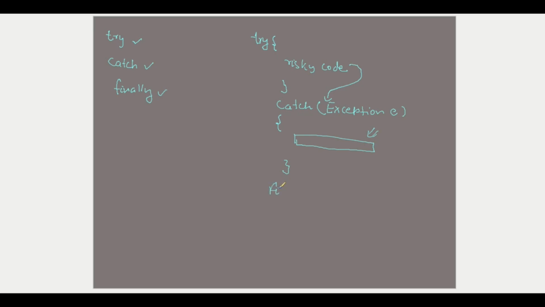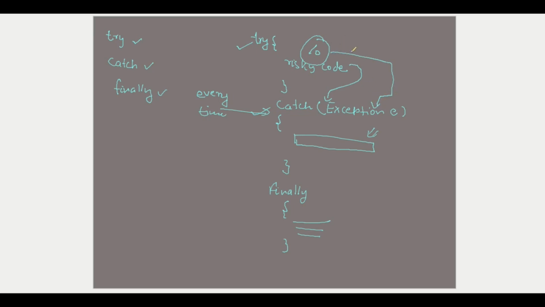There is another block, the finally block, in which you can write anything to be executed anytime. After writing try and then catch, the catch will not run every time. If an exception occurs, say a divide by 0, then catch will run.